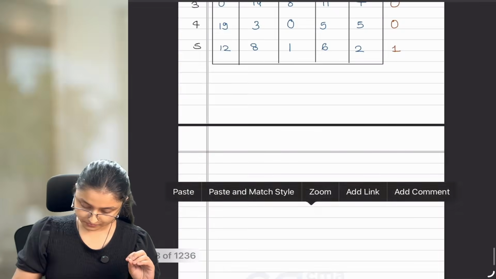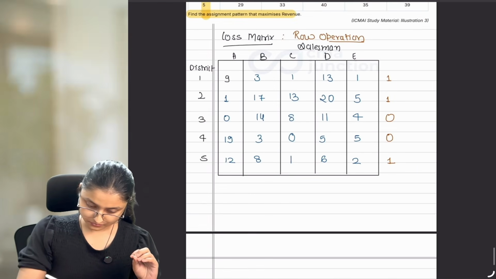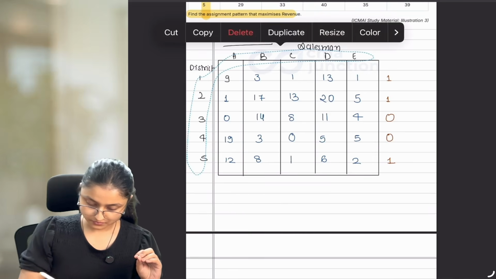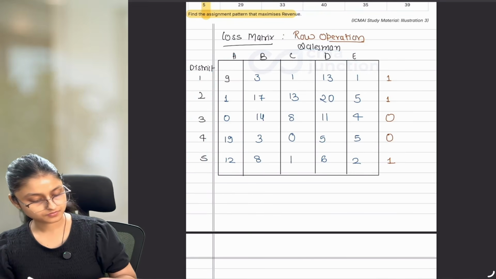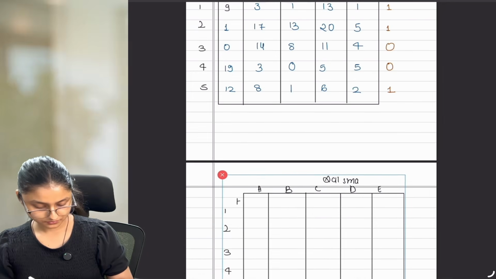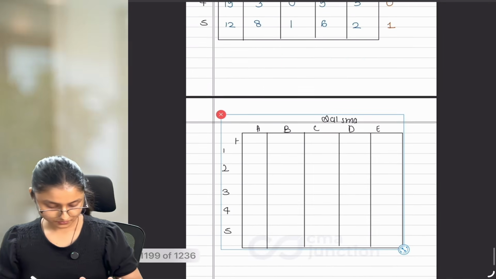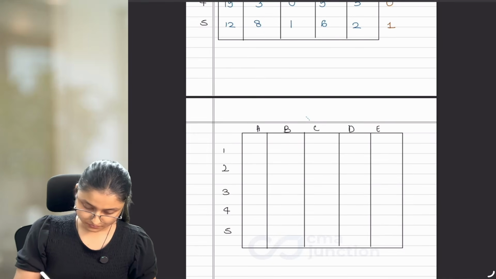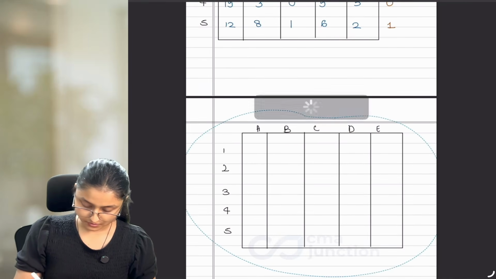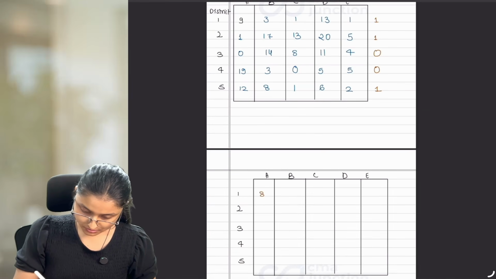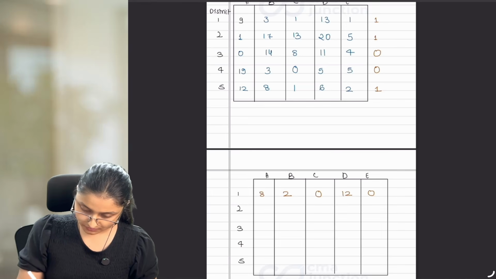Now let's write the values here. So 9 minus 1 is 8. 3 minus 1, 2. 1 minus 1, 0. 13 minus 1, 12. 1 minus 1, 0.